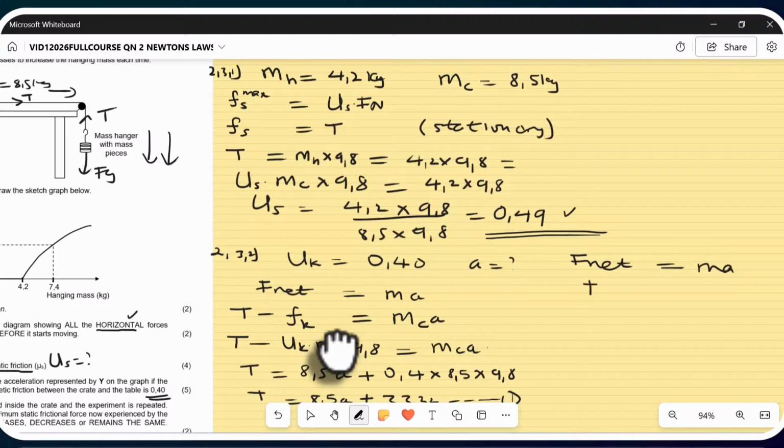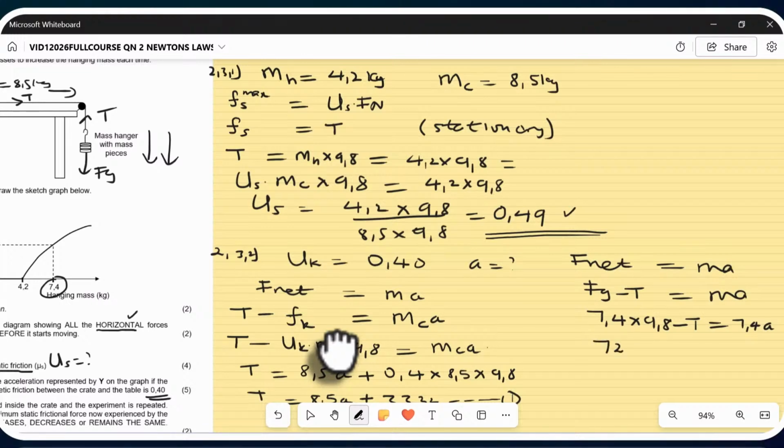So 7,4 times 9,8 minus tension T, because the string is inextensible, equals 7,4 times acceleration. The 7,4 times 9,8 gives us 72,52, and then minus 7,4a should give us the tension.